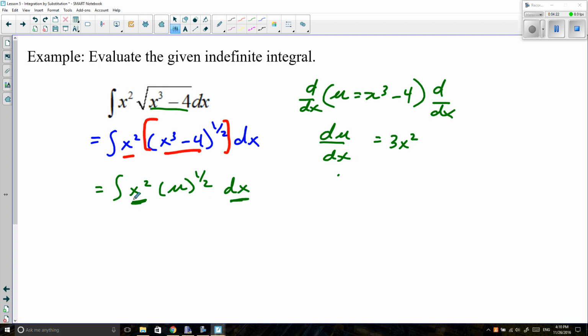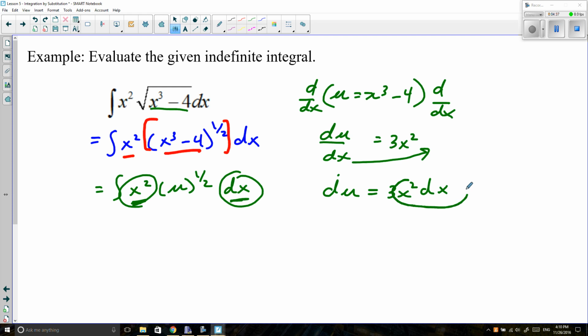However, what I want is x squared times dx. I can get that by taking dx to the other side: du is equal to 3x squared times dx. The problem is I wanted x squared dx, so I have to bring the 3 over by dividing. Therefore, du over 3 gives me x squared dx.